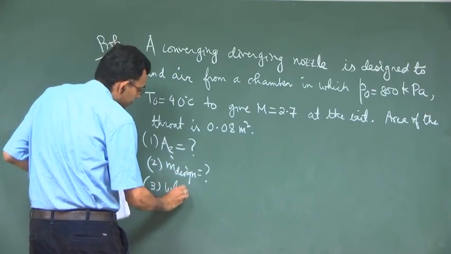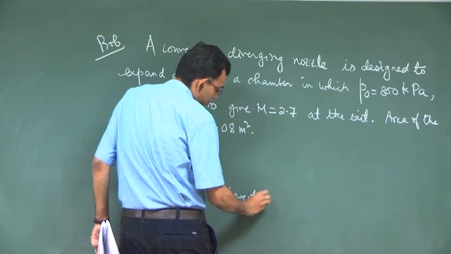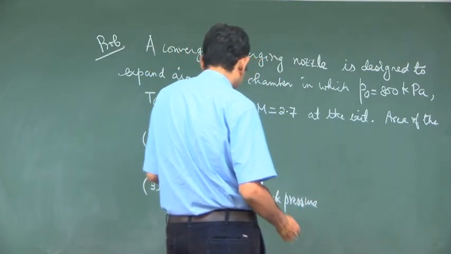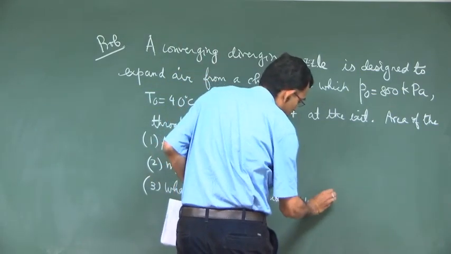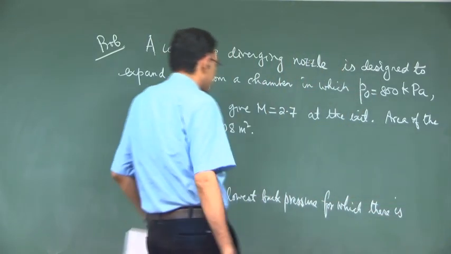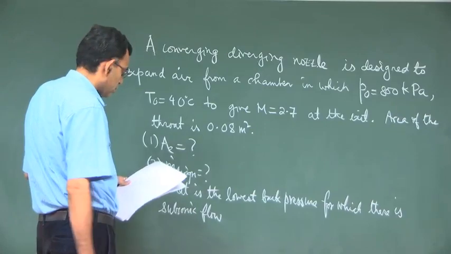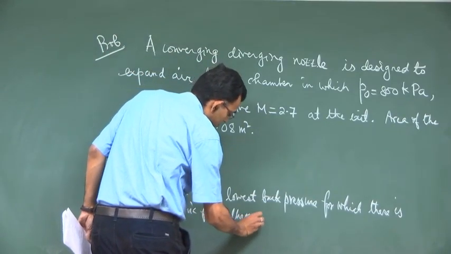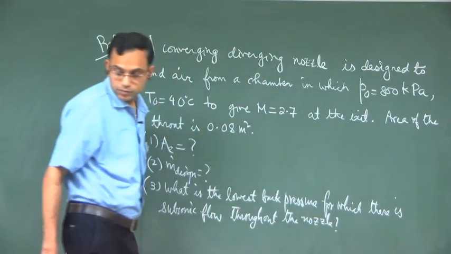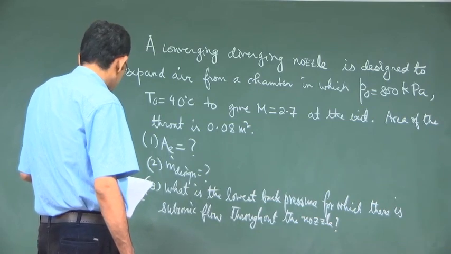Number 3, what is the lowest back pressure for which there is subsonic flow throughout the nozzle? Number 4, what is the design back pressure?